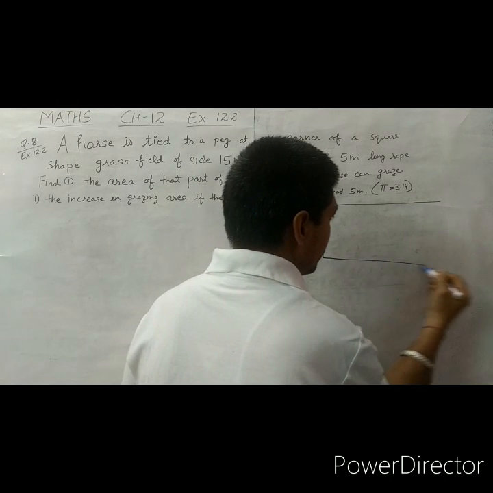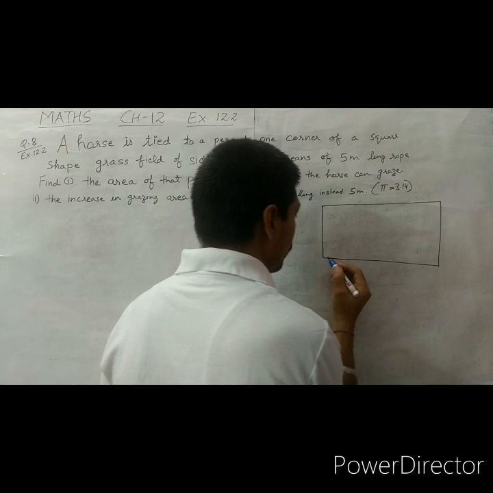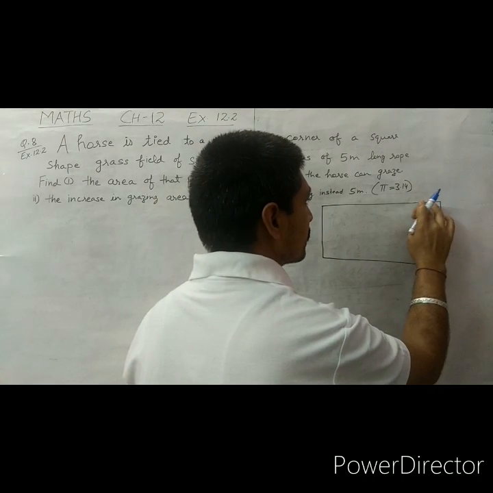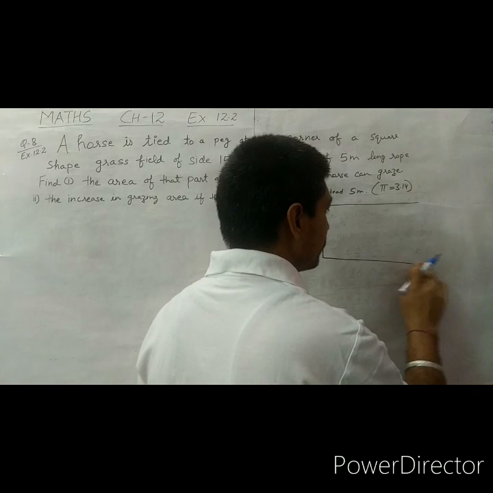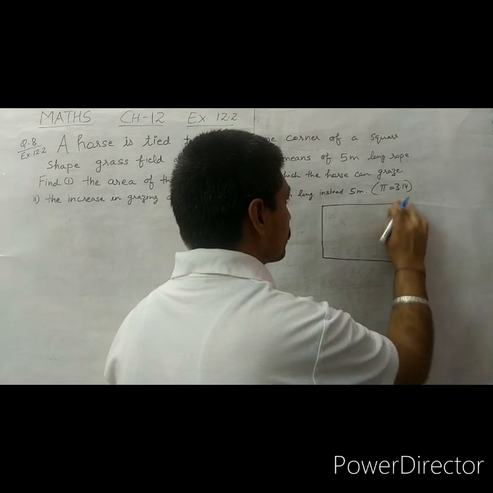A 15 meter grass field is given, and at one corner of it is a square field. This is a square field of 15 meter.